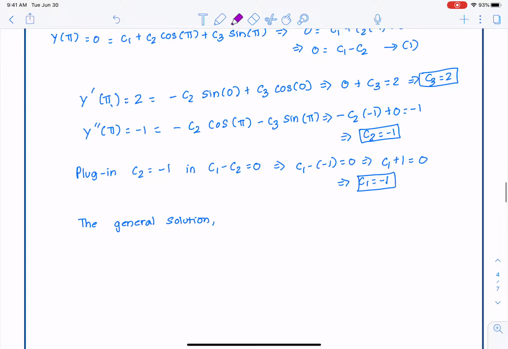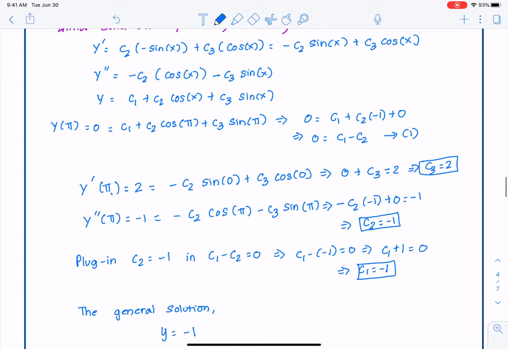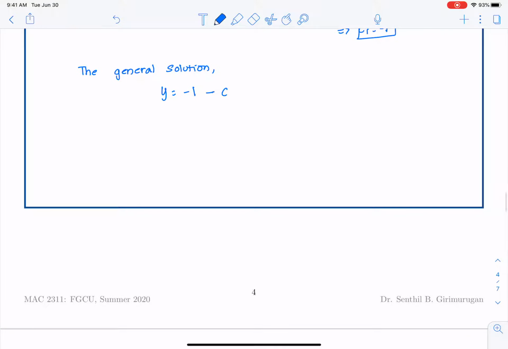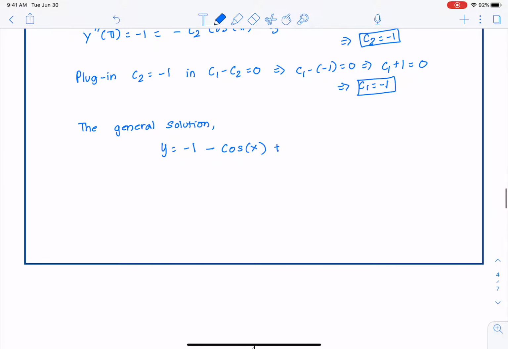So the general solution would be y equals -1. C2 is -1, so -1 times cosine x. C3 is 2 plus 2 sine x. I don't like to start with negative things, so 2 sine x minus cosine x minus 1.